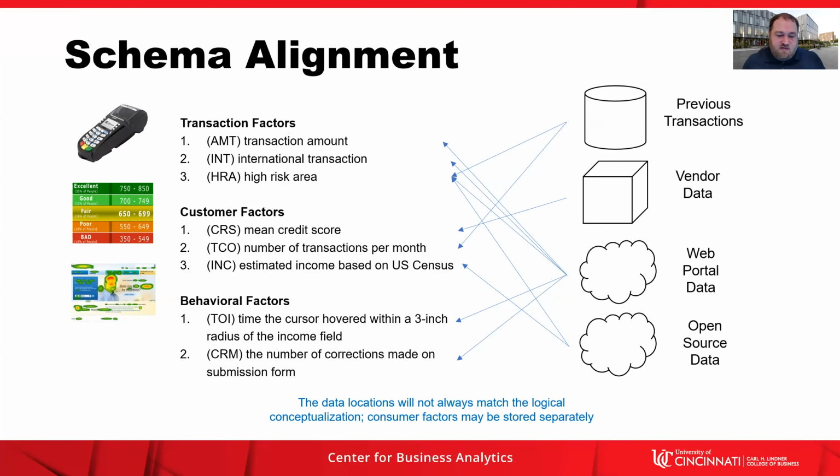So in the context of evaluating a credit card transaction on an online system, what we're going to do is look at a number of different data sources. We're going to look at things like the previous transactional data that we have from the same customers and from other customers that we can use to determine if the transaction comes from an area that's concerning.